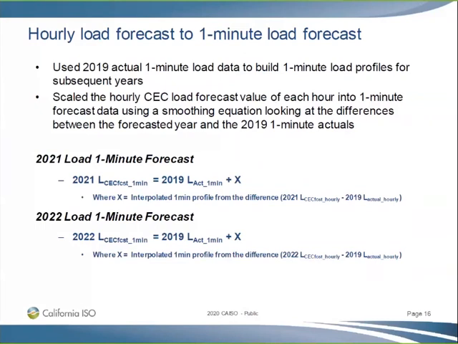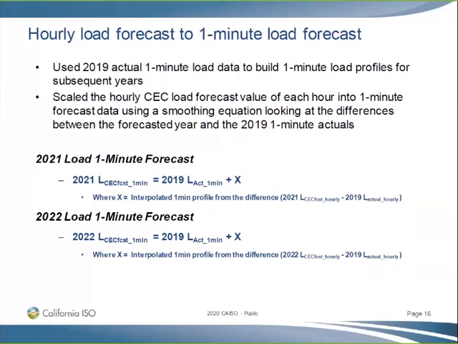All the data will be posted, so anybody can go back and see exactly how we calculated the net load and the ramp. We add this X to each minute, as on the previous slide, the lower right curve.